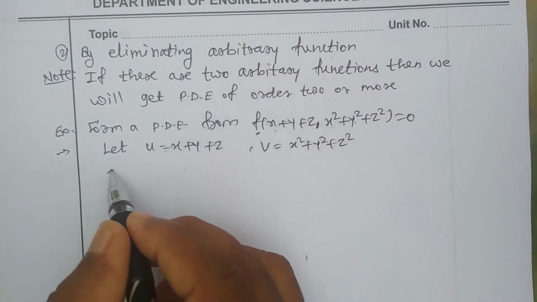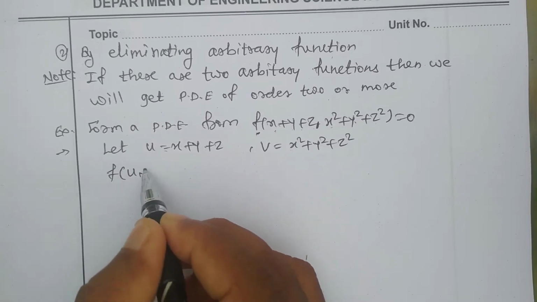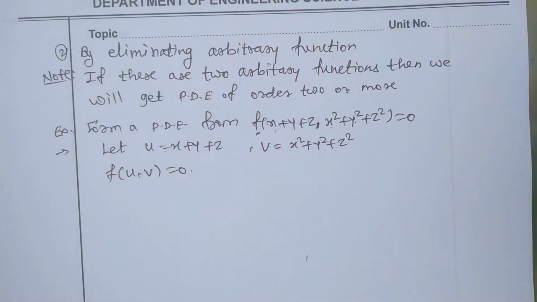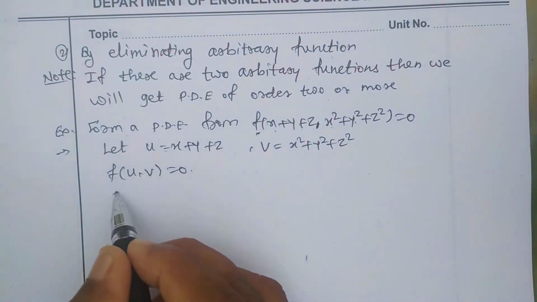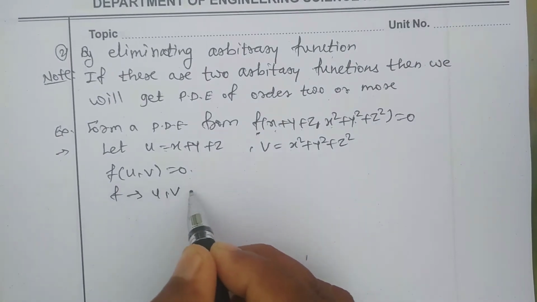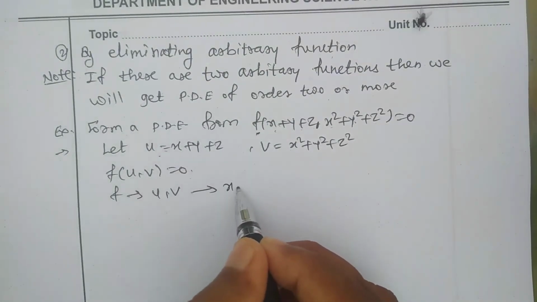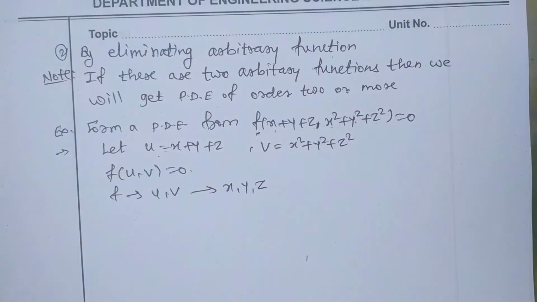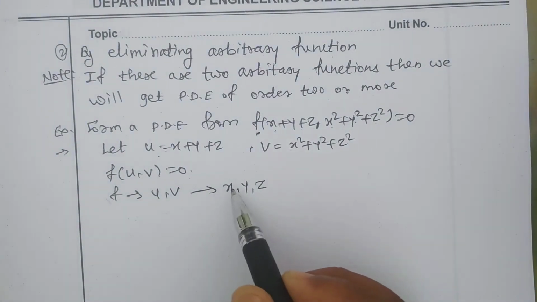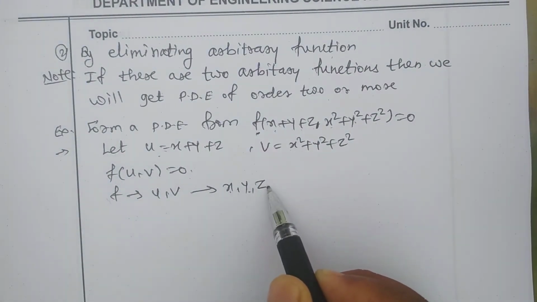So from that we will get the function as f of u, v is equal to 0. That means f is a function of u and v, which are functions of x, y, z.